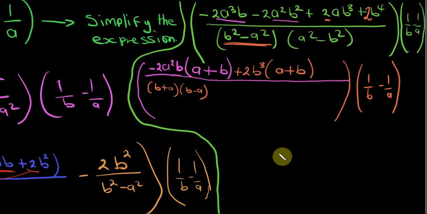Then we can also write a squared minus b squared as a plus b multiplied by a minus b, because it too is a difference of two squares. We'll come to this bracket later.